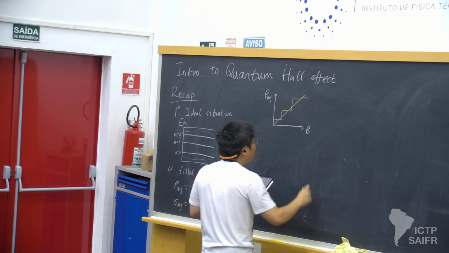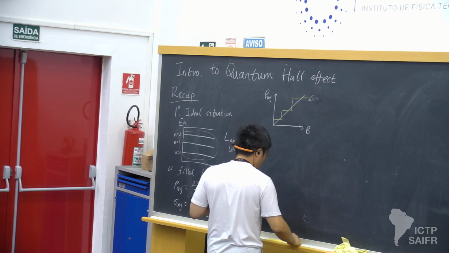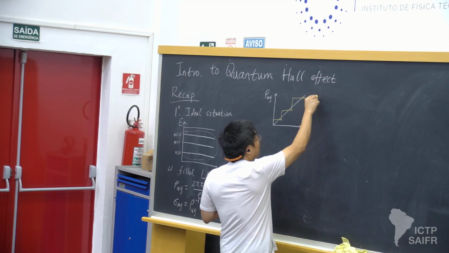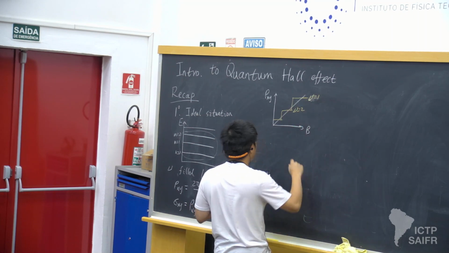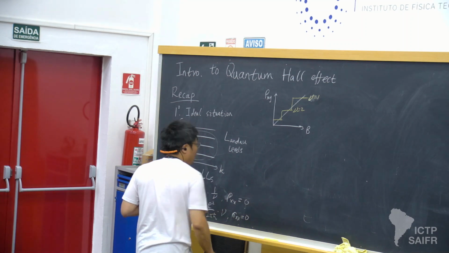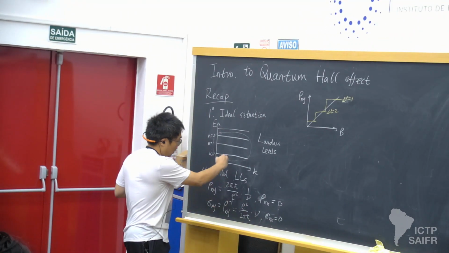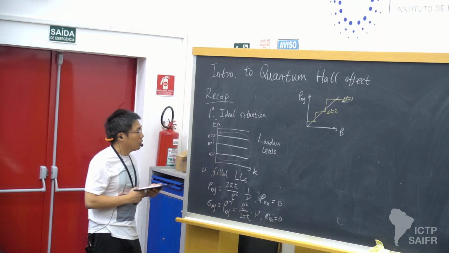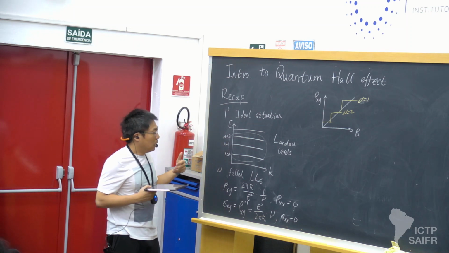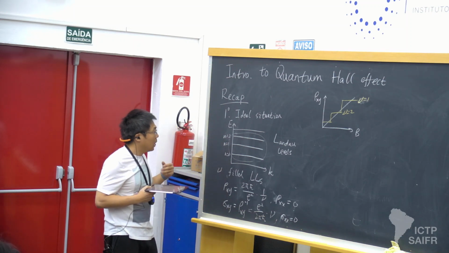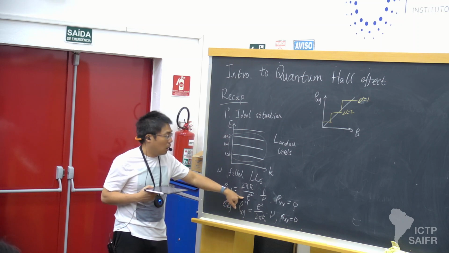And at each plateau, we have the Hall resistivity quantized at this value, right? Now, if I'm staying in this ideal situation, let's say we occupy ν Landau levels, I get this precisely quantized Hall resistivity.